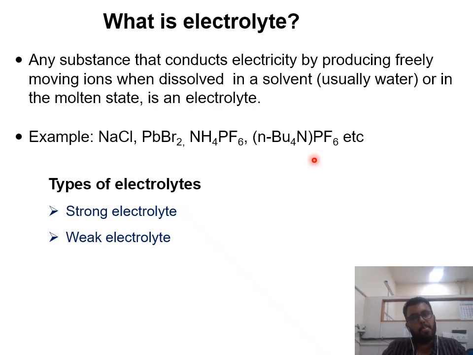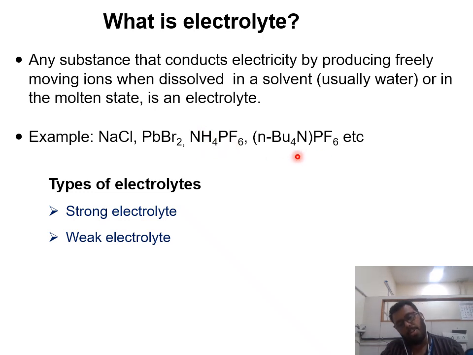You can take it and try to dissolve it in water, but mostly it is a non-aqueous salt, an organic salt, so it will not dissolve in water. Especially these two salts, ammonium hexafluorophosphate, or instead of ammonium you can have tetrabutyl.